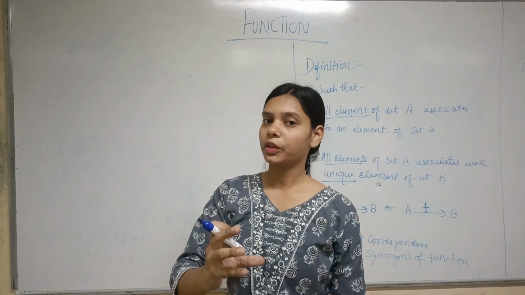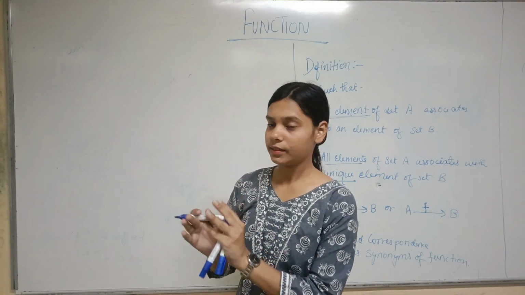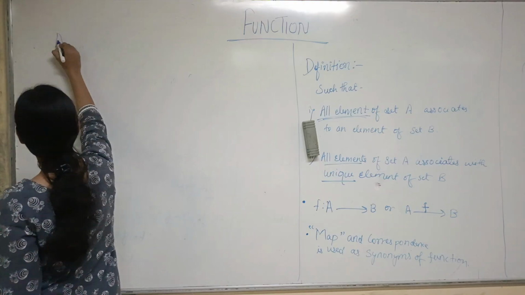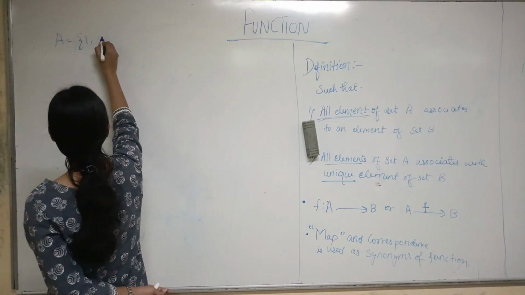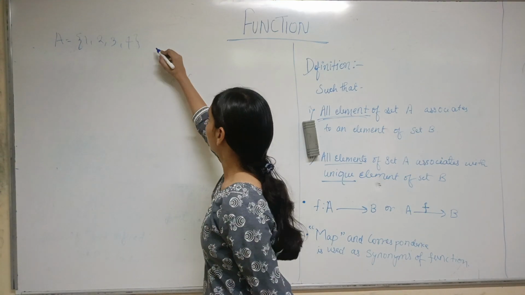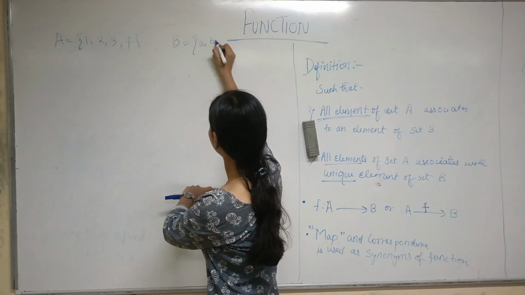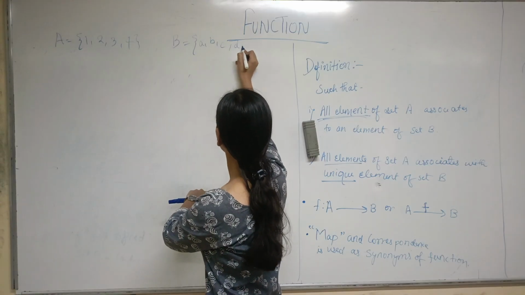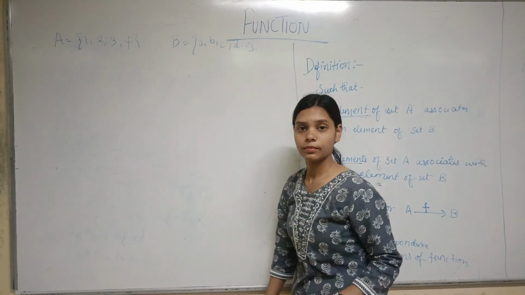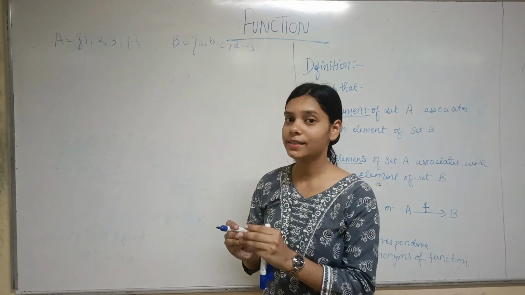The first requirement of the definition is we have to take two sets. Let us take A is equal to {1, 2, 3, 4}. Now B is equal to {a, b, c, d, e}. A and B are two non-empty sets.